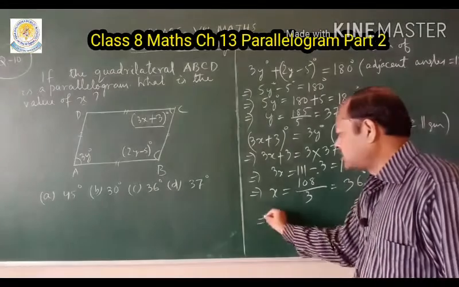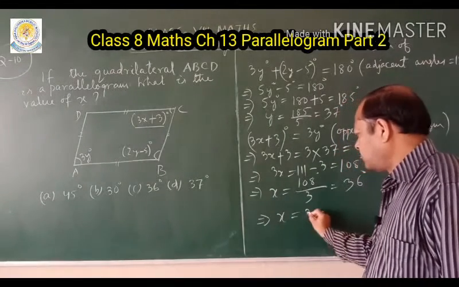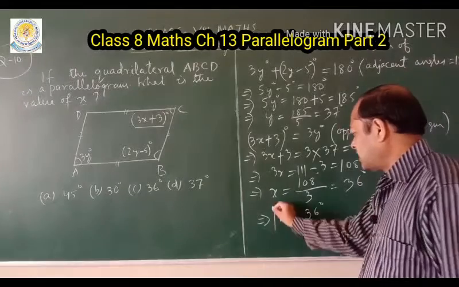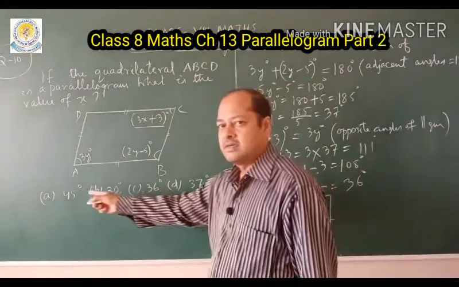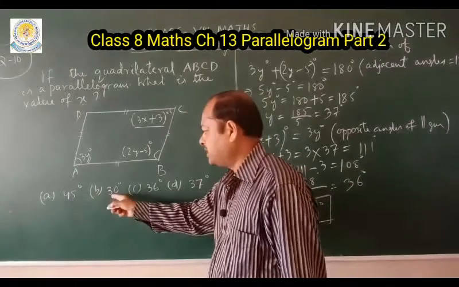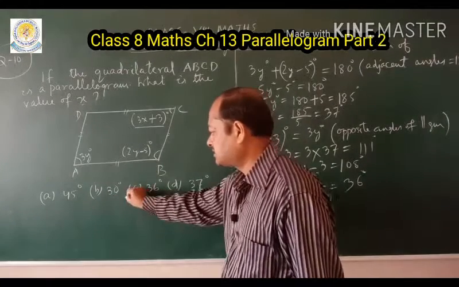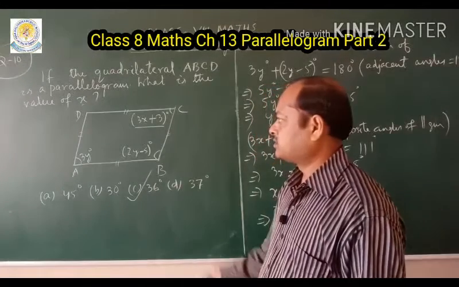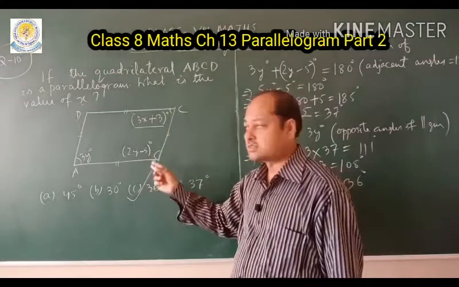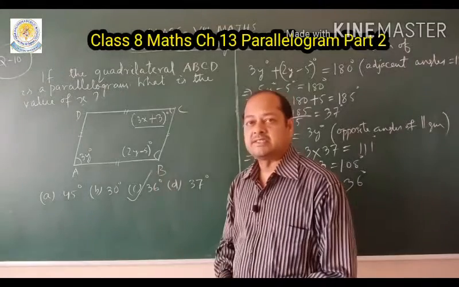So how much did you get as the value of x? x equal to 36 degree, and that is the solution. Which option is correct here? A is not correct, B is not correct, C is the solution. C is 36 degree. So the value of x we have got after solving this question is 36 degree.